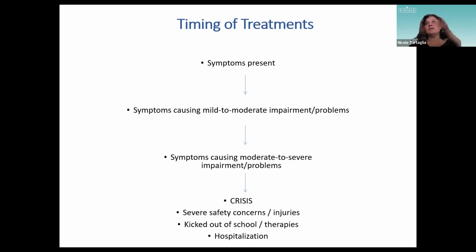When we're talking about developmental delays, I don't know that we get to crisis mode in terms of safety, but there are milder challenges and more significant challenges. Everyone's threshold for where they put that line is a little bit different. As a parent or caretaker, it's going to be different. As an individual having the symptoms, it's going to be different. And as a provider, it's going to be different. So the goal is to figure out where you are in terms of providing and initiating treatments.